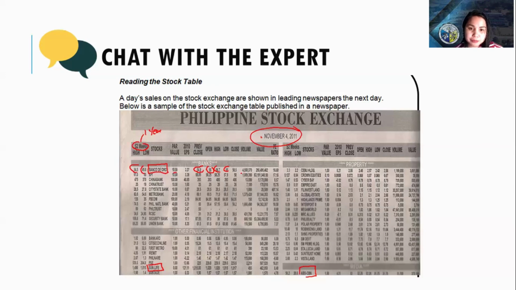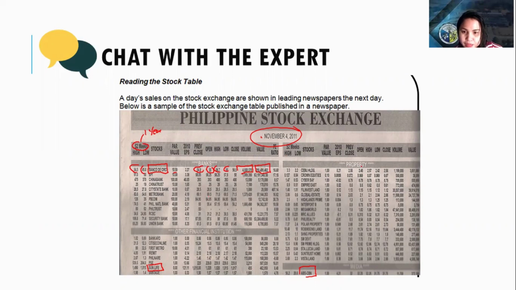Then the volume. The volume will tell you how many stocks were sold yesterday. The value tells us how much money the corporation got out of the buying and selling of stocks. So that is how you will check on that. Once you look at the volume, do not mind it, because you will see some are being sold at a very small amount.